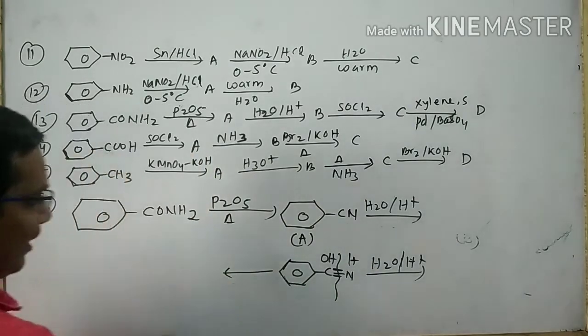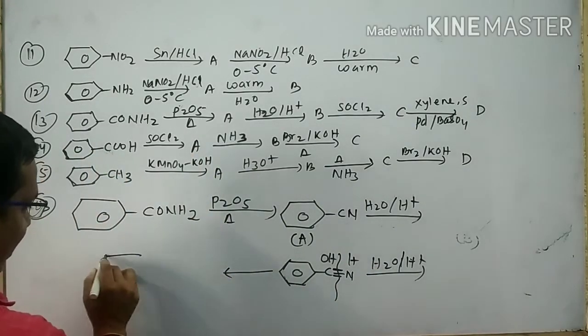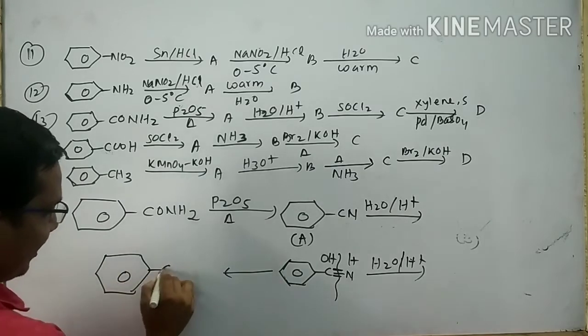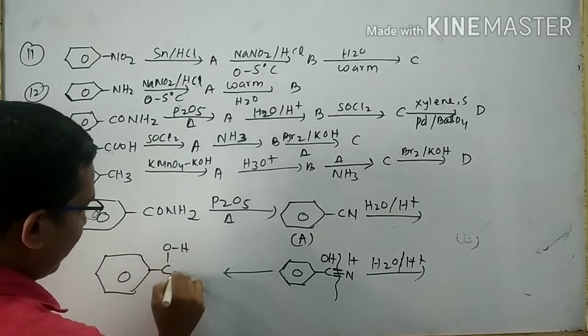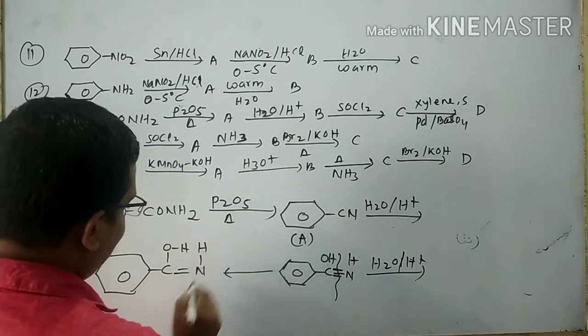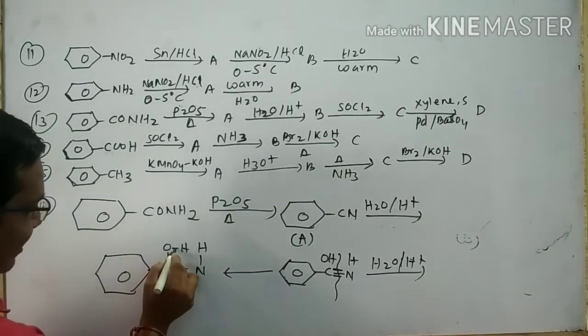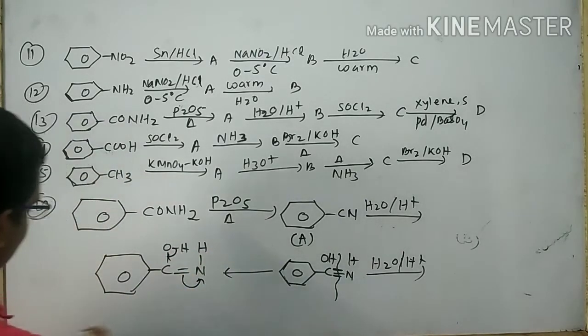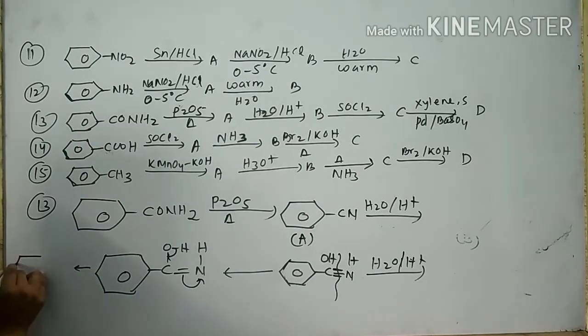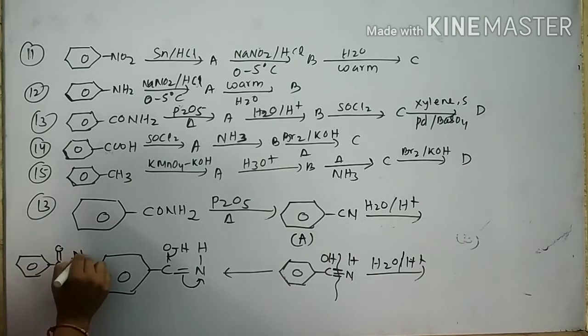Then I will get an unstable product like this, and this product wants to stabilize like this. That is, the benzamide product is formed. This is said to be benzamide.